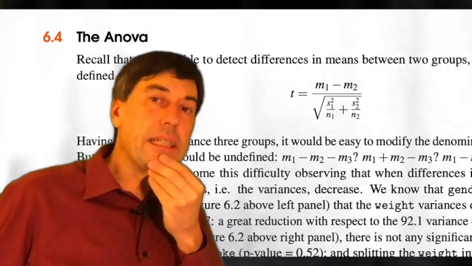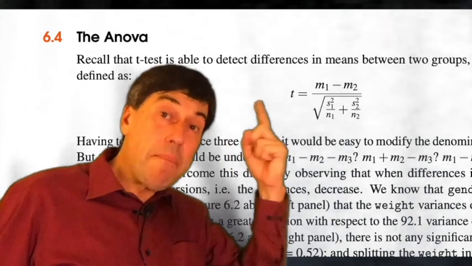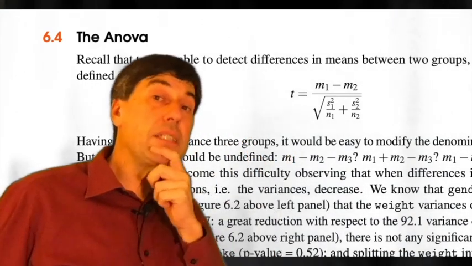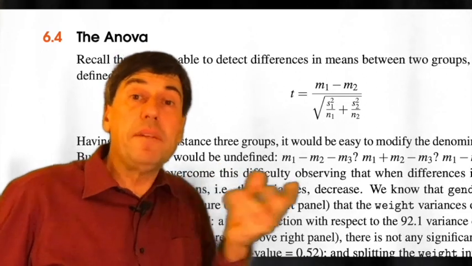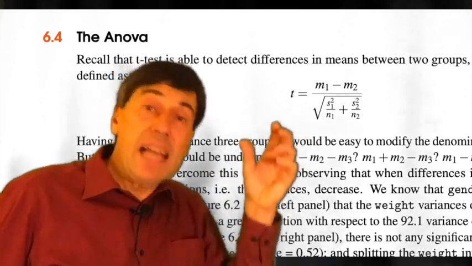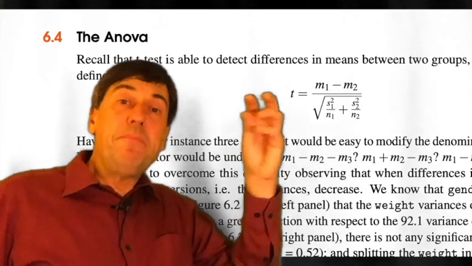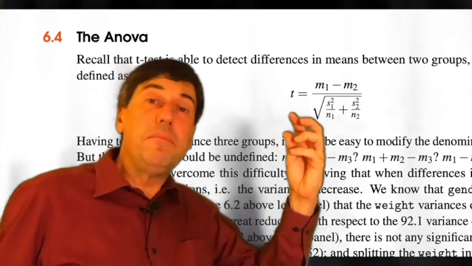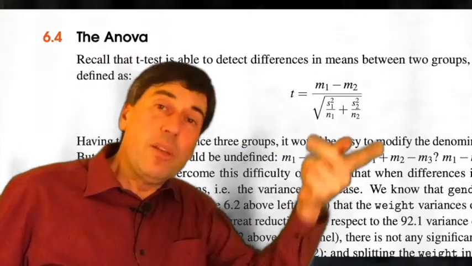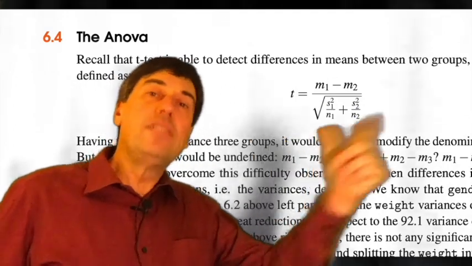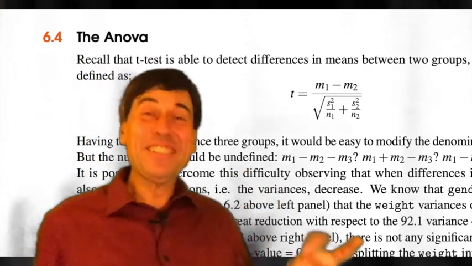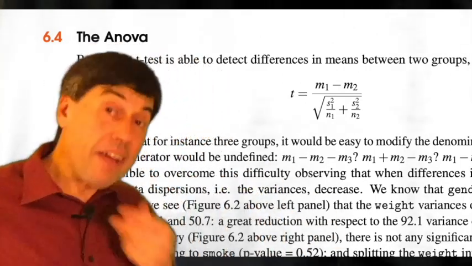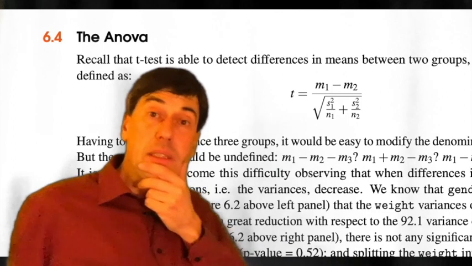So this is easy. But above, on the fraction, we cannot do anything, because there is no sense in writing mean 1 minus mean 2 minus mean 3. What does the mean mean? Nothing, okay, you cannot do it.